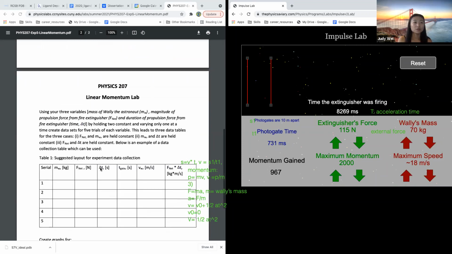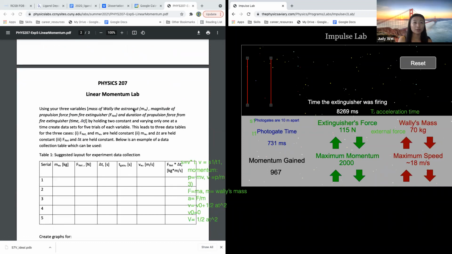Okay, so you use your 3 variables: mass, and the magnitude of the net force. So this is F net. What is mass? It is m, Wally's mass.